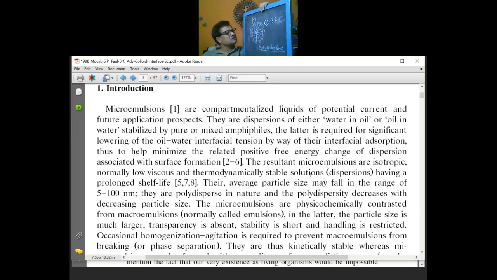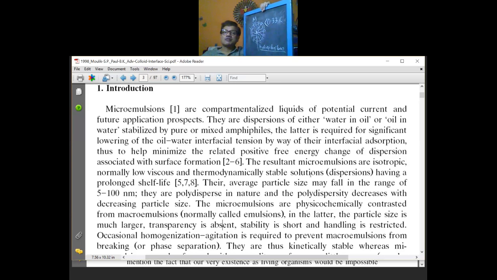The action of detergency is due to the fact that the core of the micelle can accommodate or solubilize some hydrophobic components. So when you are cleaning your clothes or garments or even utensils, what do the detergents do? They form a micelle.